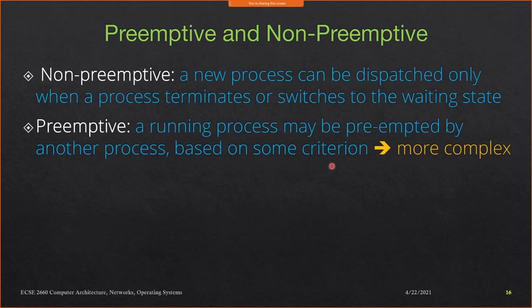For example, if you have only a small amount of time left to complete, you may preempt a process that has a longer time remaining to finish. So the criteria for preemption may change, which makes preemptive algorithms more complex. But they are certainly useful and bring about fairness as far as the processes are concerned.